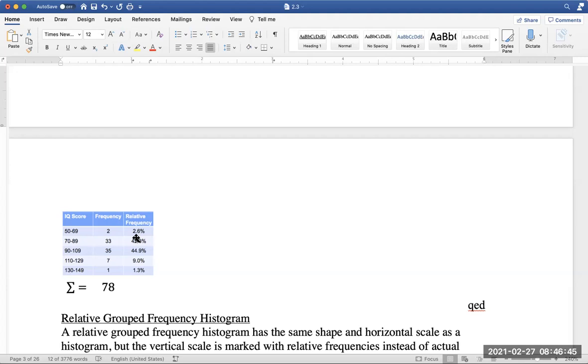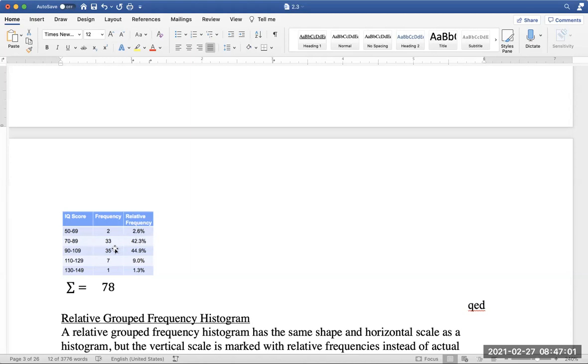Here, notice that since I've labeled this as relative frequency, I need to write my percentage here so that I know that this is in percentage.